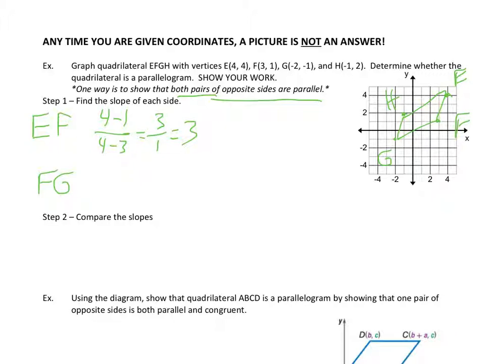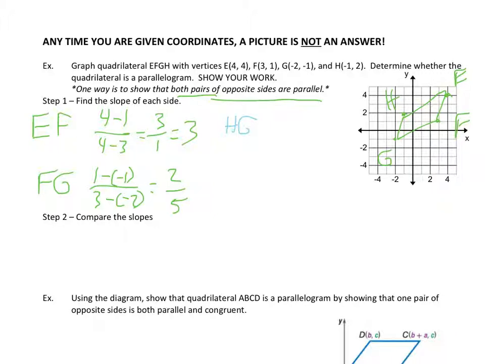FG is 1 minus negative 1 over 3 minus negative 2, which is 2 over 5. Okay, next slope we're going to look at is HG.